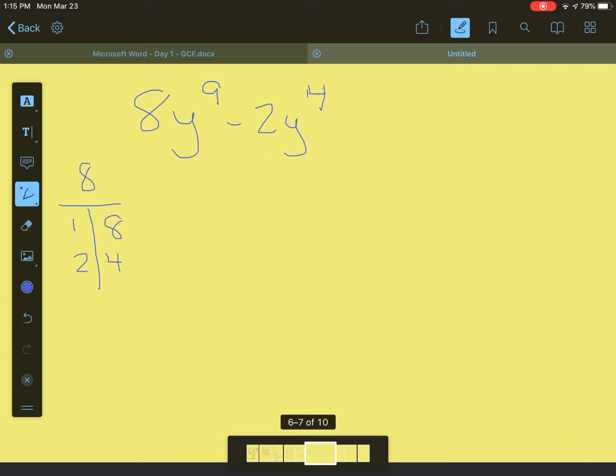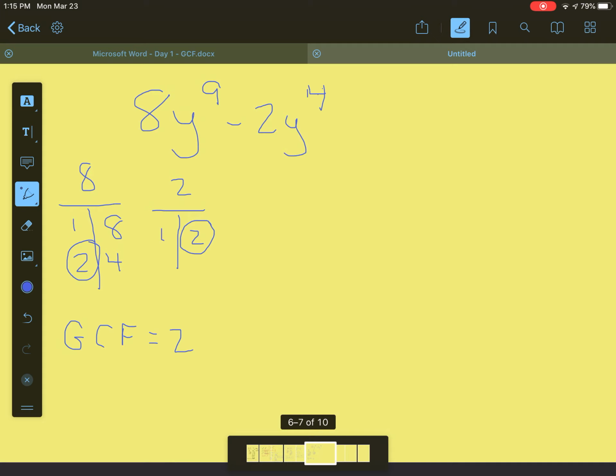Now I'm going to list my factors of 2, which are just 1 and 2. So the largest number that both of my lists of factors have is 2. So the beginning part of my GCF is 2. That was the part with the numbers. Now we're going to look at the parts with the variables.